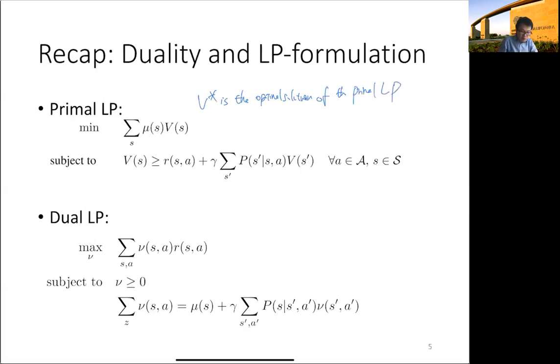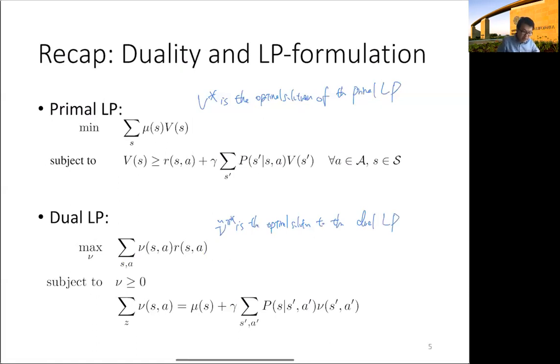On the other hand, when you derive the standard dual LP, either through the canonical formula or by applying Fenchel duality or Lagrange duality directly, by adding these Lagrange multipliers nu, then you derive this dual LP, and the optimal state action occupancy measure under the optimal policy pi star is the optimal solution to the dual LP.